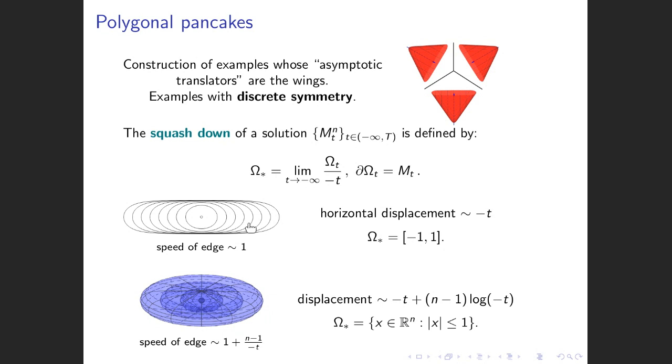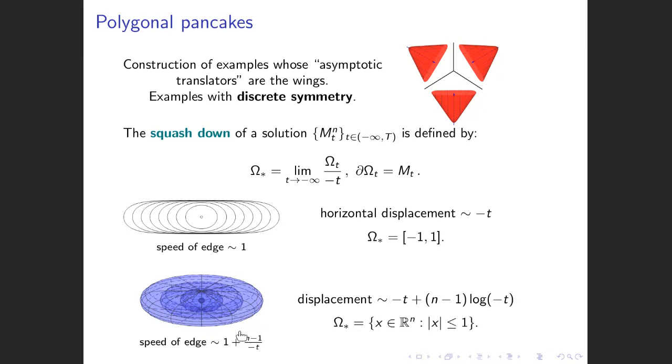So for example, when I have the angular oval, remember the displacement here is t. So when I scale by minus t, this will become of length 1, and on the other side as well. The slab is going to collapse, and what I see at the limit is just the segment from minus 1 to 1.